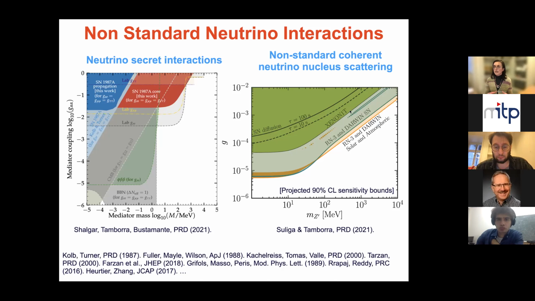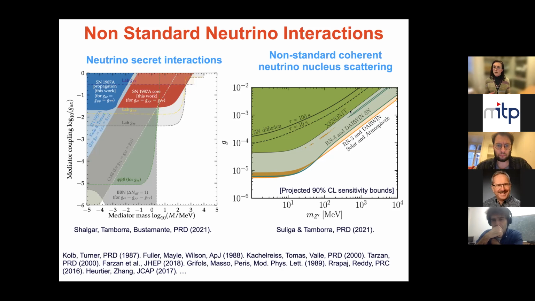But we can also expect those kinds of non-standard interactions to occur in the detectors themselves. So before I introduced the xenon or lead-based detectors, and if we play this game, then this would mean that we would strongly affect the recoil spectrum that we expect to see from supernova neutrinos in the detectors.